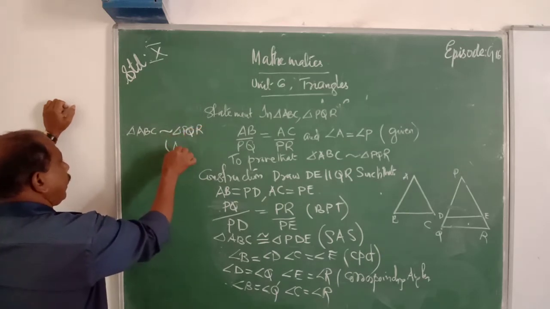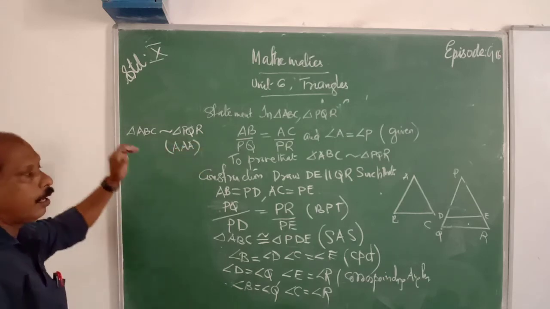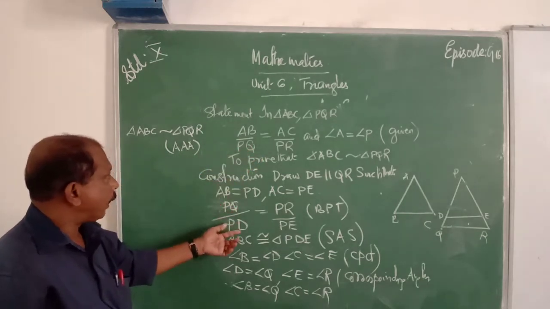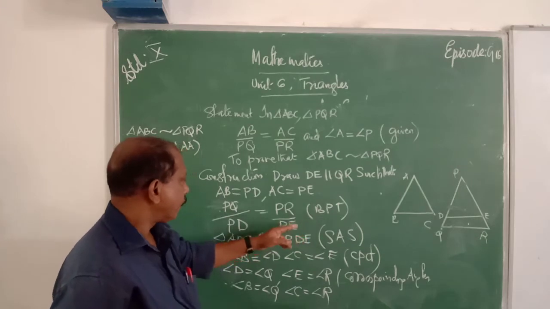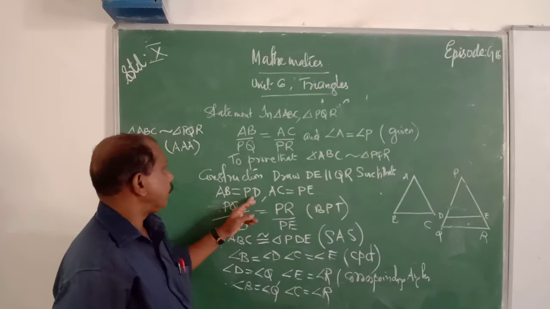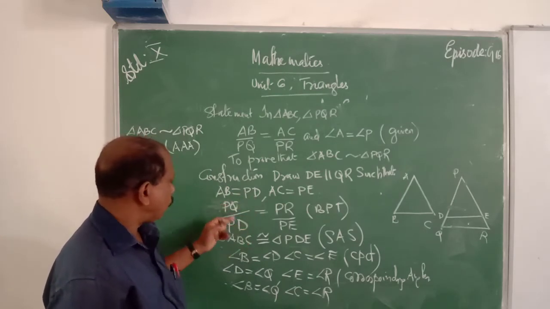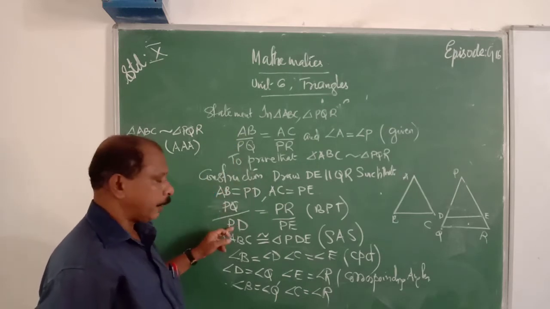Otherwise, listen: PQ by PD, PD is replaced by AB. Therefore, PQ by AB.